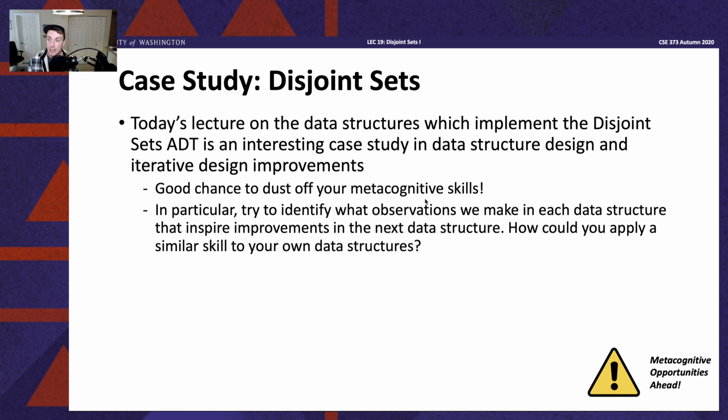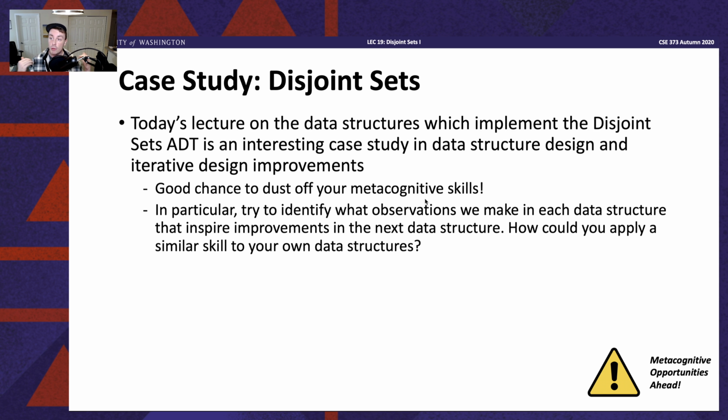This is a good chance to take stock after we talk about each one and understand what is, at a high level, how does it work? What is it trying to do? And how is it different than the last one we talked about? What problem are we trying to solve by adding this new complication or this new aspect of our implementation? What problem was it trying to solve, and did it solve it? Did it make it more efficient? Did it make it work, etc.?